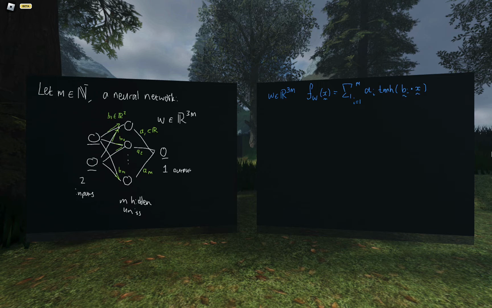And this is a function from R2 to R. Maybe you can have some other w prime in R3m that gives you the same function, fw equals fw prime. In fact, maybe you can do it so that this w prime doesn't come from this parameter space, but some smaller parameter space.